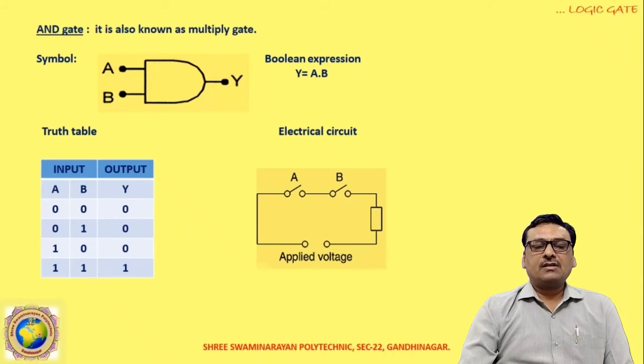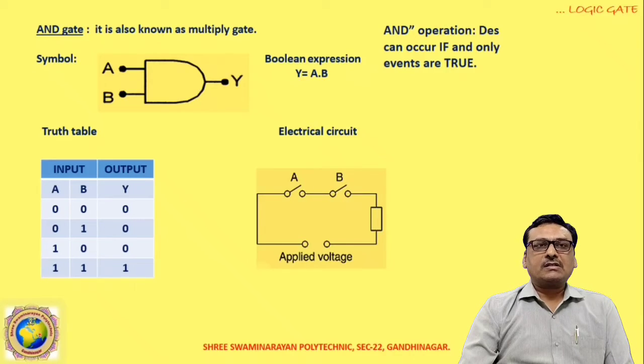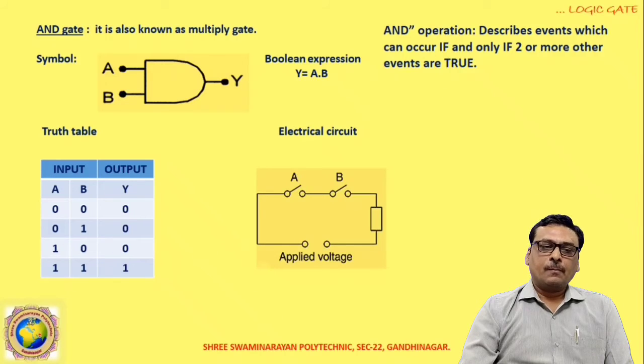Now if either A or B is closed, the circuit is still not connected. That's why the output is also 0. And for 1 1, both switches are closed, so the circuit is completed, current can flow and the bulb will be on.